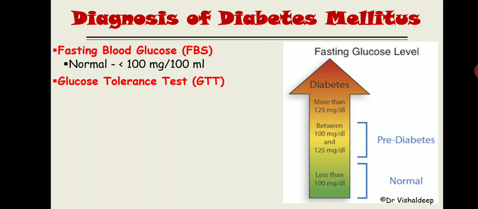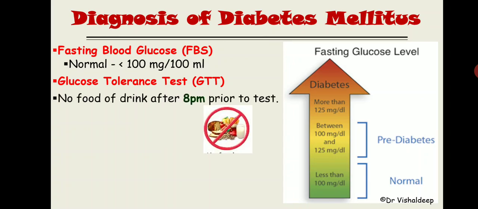So first thing first, if you are going to perform the test tomorrow, no food or drink should be taken after 8 p.m. prior to the test. If you are going to test the subject tomorrow morning, then the patient should not drink or eat anything after 8 p.m. today, except water obviously, because water does not have any kind of glucose.